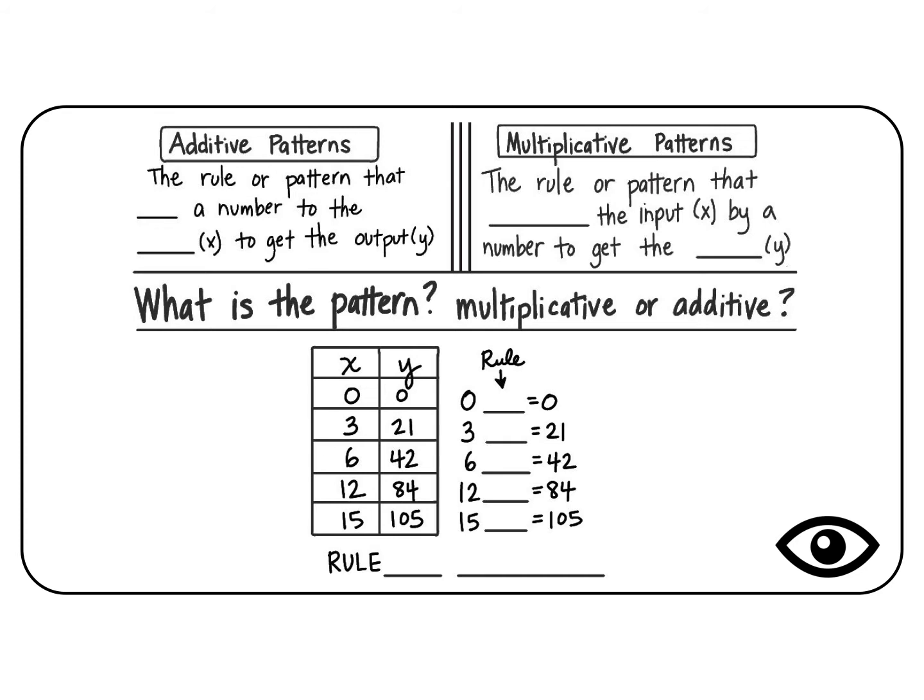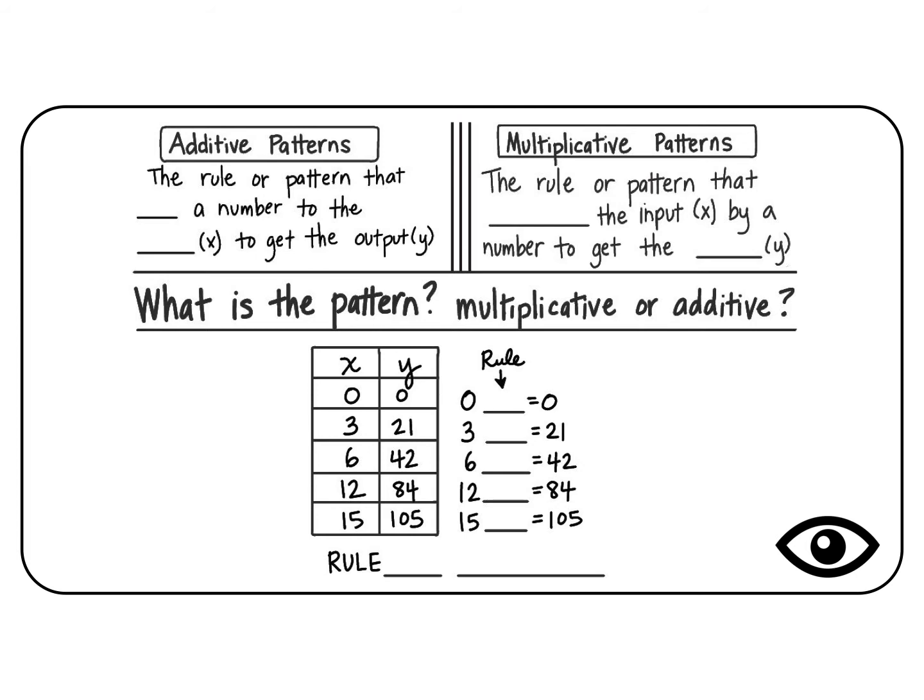All right, fifth graders, we have already talked a little bit about numerical patterns, as well as input and output tables. Let's dive a little deeper. On the left-hand side, we're going to talk about additive patterns.